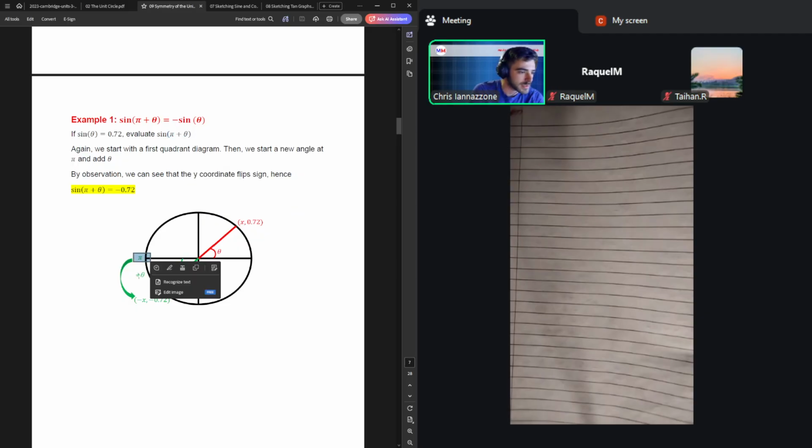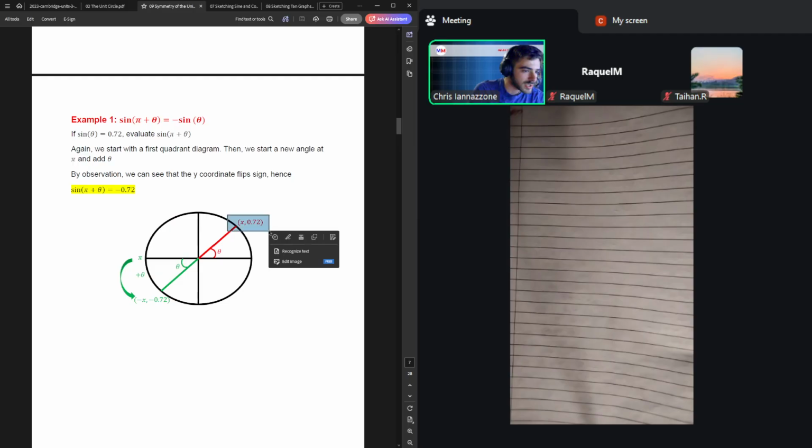So it means you start at pi, add your theta. That's going to put you in quadrant 3. And because we're in quadrant 3, we know that both things are going to go negative. So whatever we had there, we're now putting negative signs on exactly what that coordinate was.